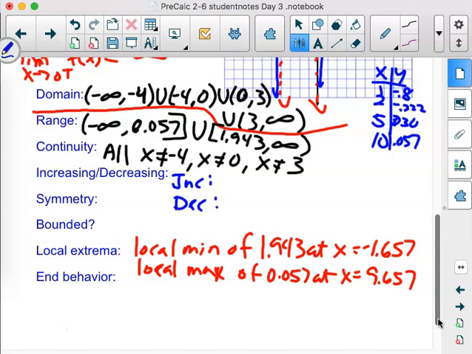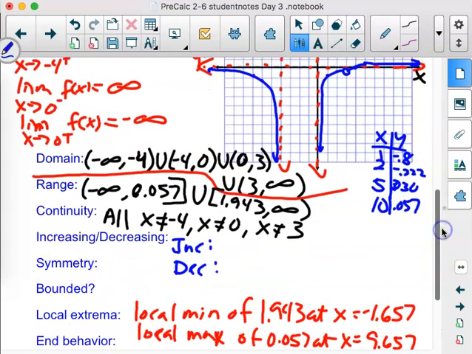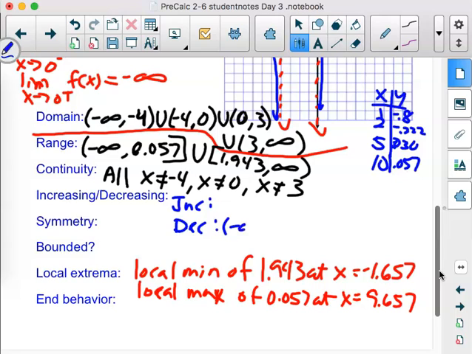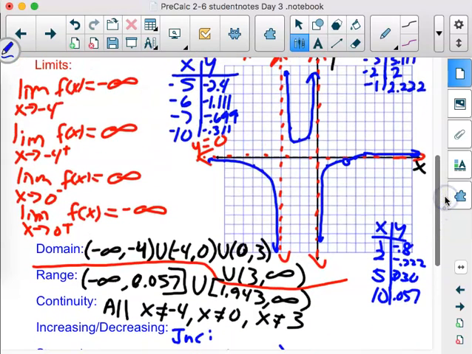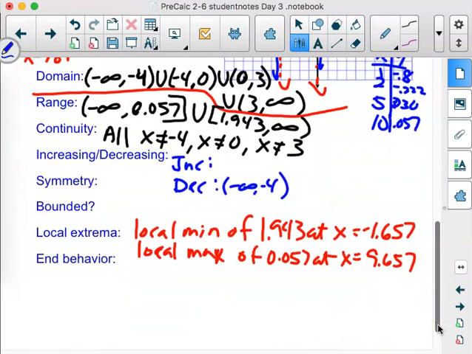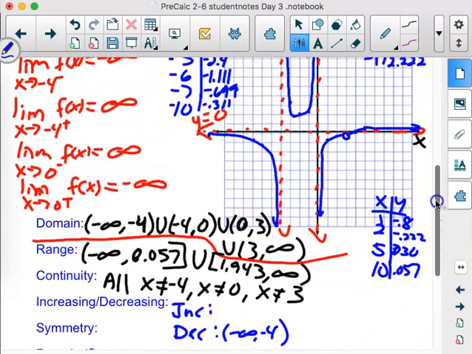All right, so the first piece we come to is decreasing, and that's from -infinity to -4. Won't be the only one. Next piece, decreasing, but then we reach our local min. So we have to find, what was that x value again for our local min? It was -1.657.